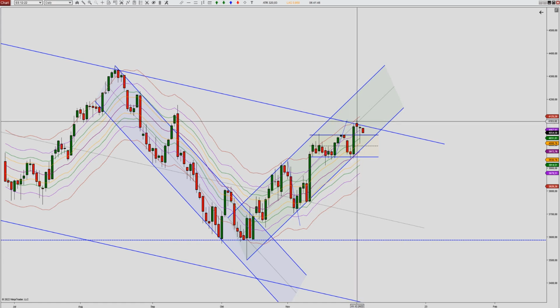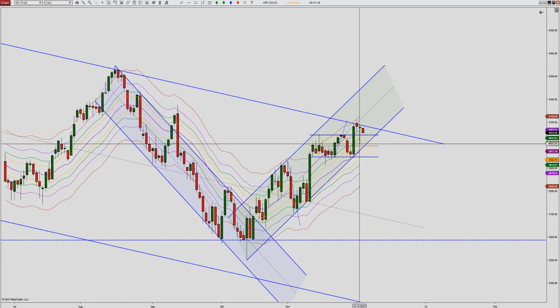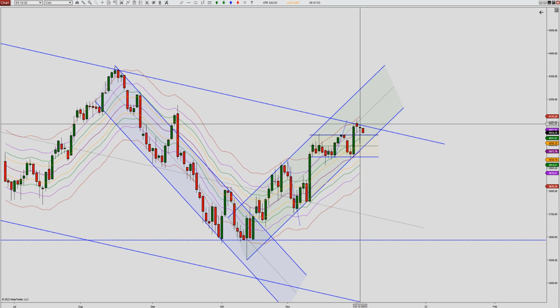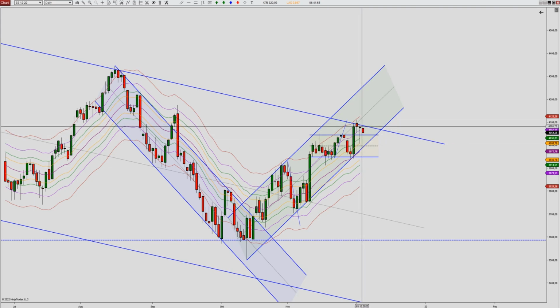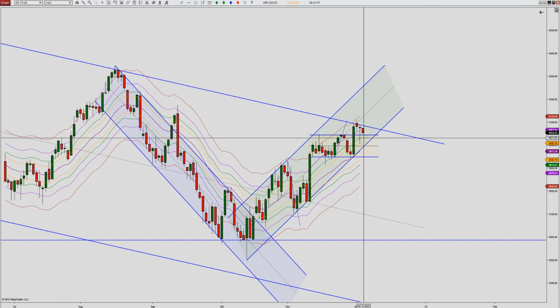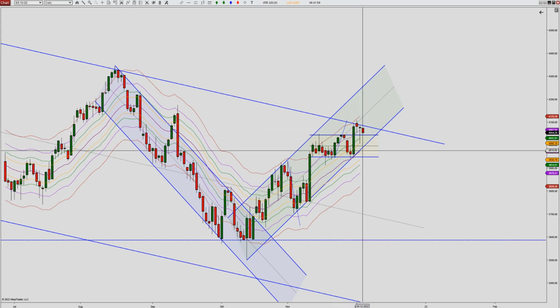We saw a reaction to the downside, but prices came back up again and are now bouncing off this resistance here, going back inside this range.